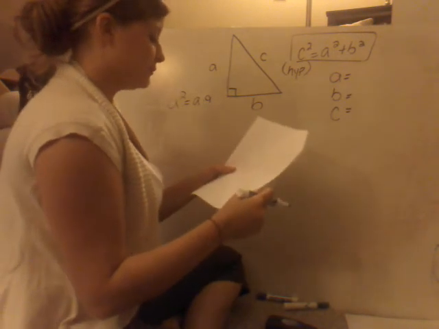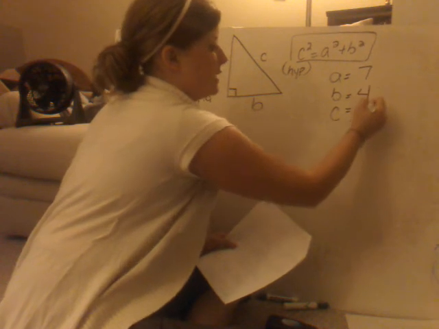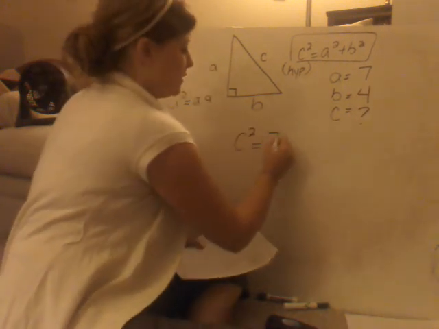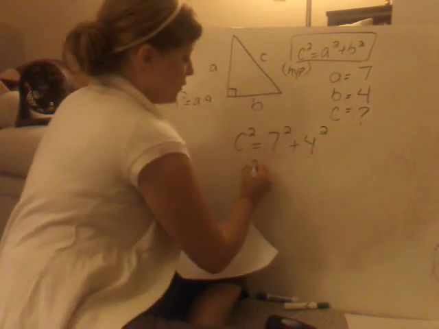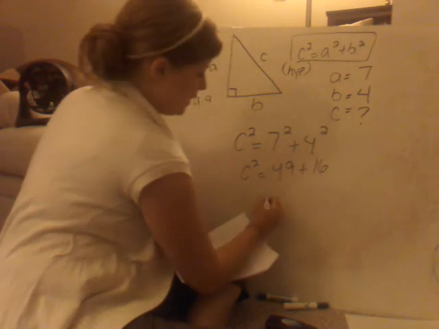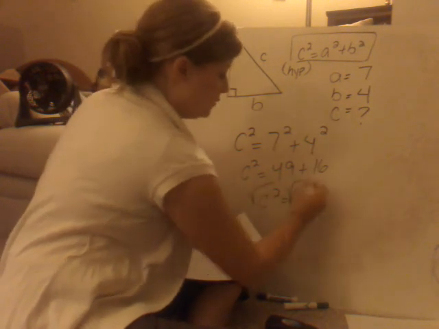Okay, so now I tell you that A is 7, B is 4, and we're looking for C again. So I have C squared is equal to 7 squared plus 4 squared. C squared is equal to 49 plus 16. C squared is equal to 65. I take the square root.